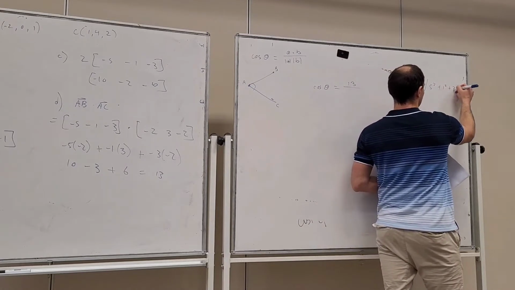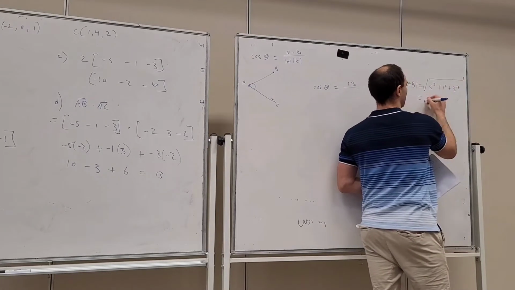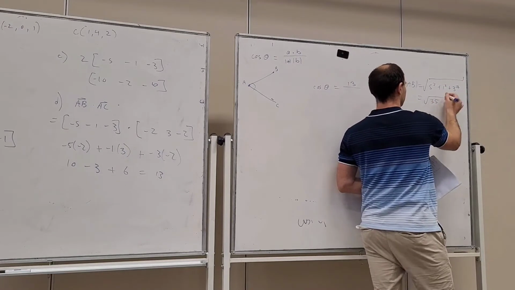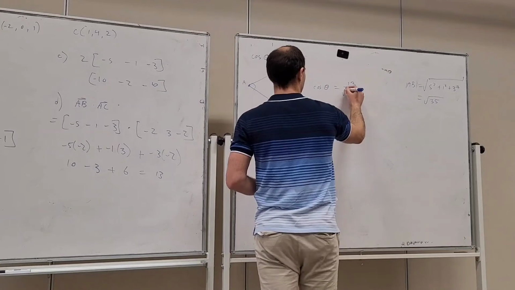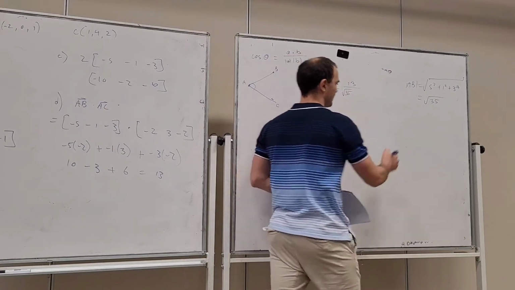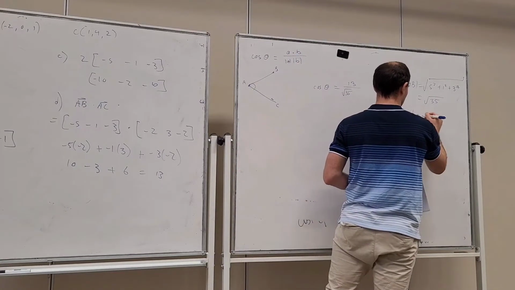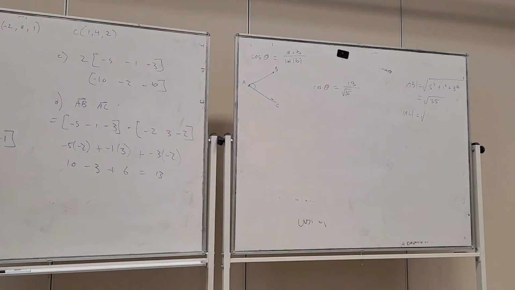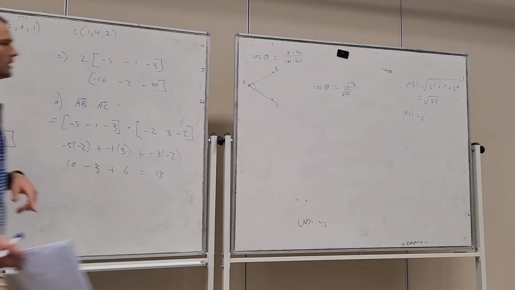So what's that? 25, 34, 35. So that's root 35 for AB. And for AC, 2 squared plus 3 squared plus 2 squared.